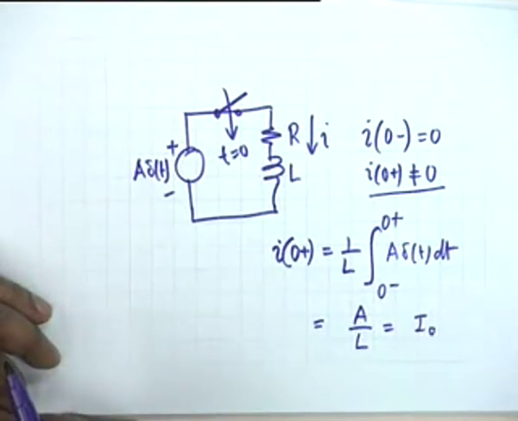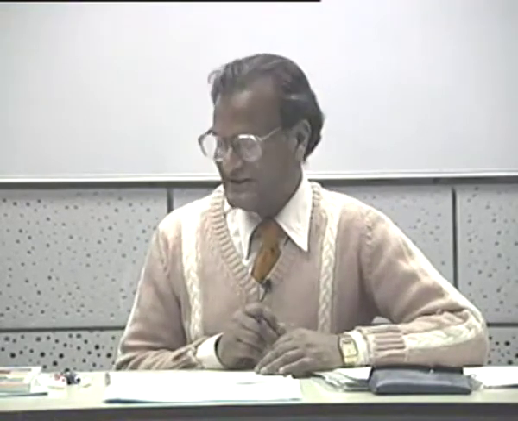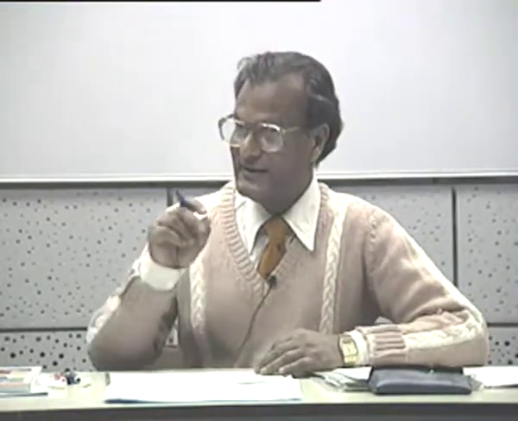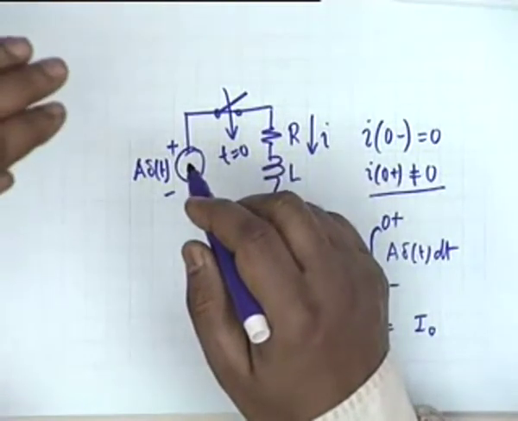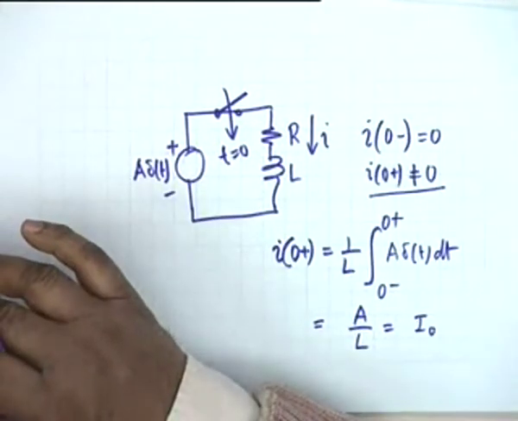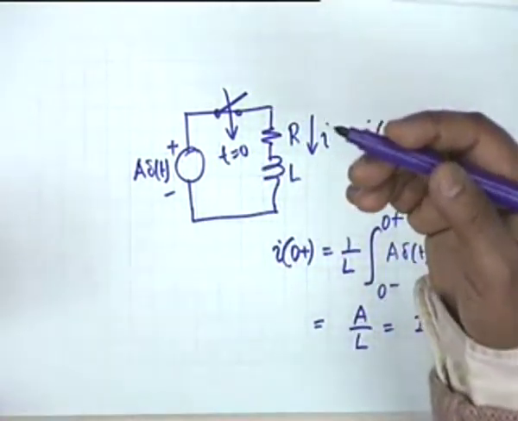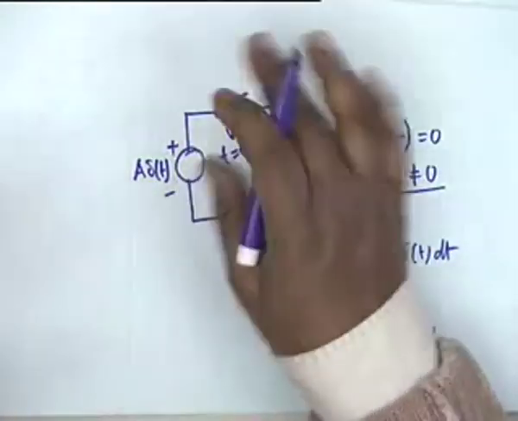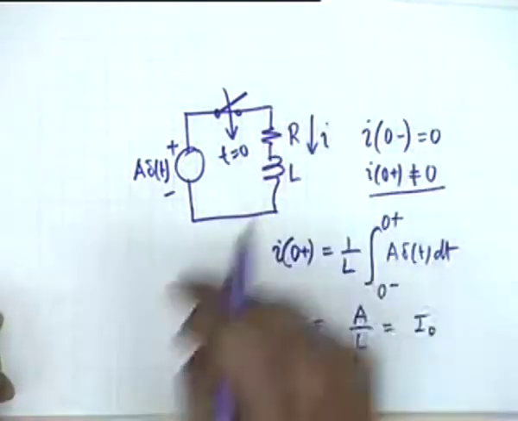Is the point clear? Pardon me? Say that again. It contradicts our common sense, but as I said, it's a calamity situation. There is a voltage source which goes to infinity but stays only for zero amount of time, infinitesimally small amount of time. So the effect is at t equal to 0 plus, t greater than or equal to 0 plus, the voltage source is gone. Now what would be its effect left in this circuit?